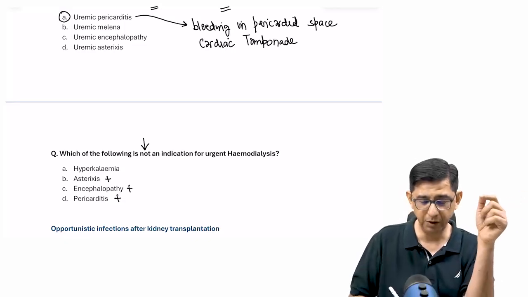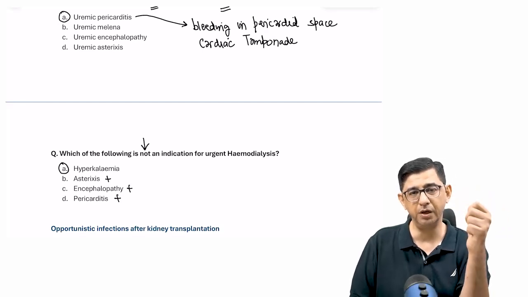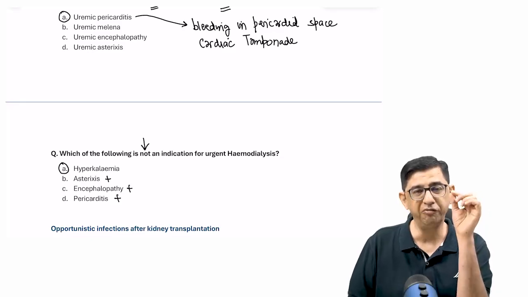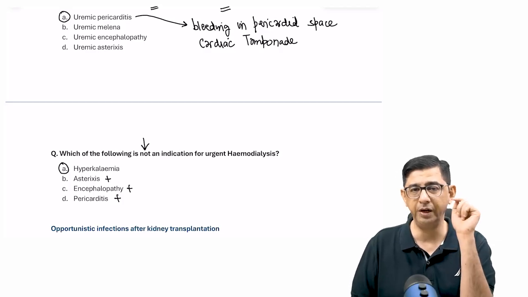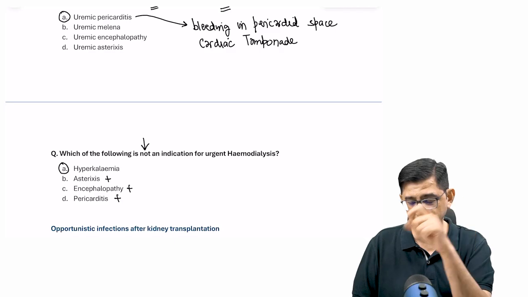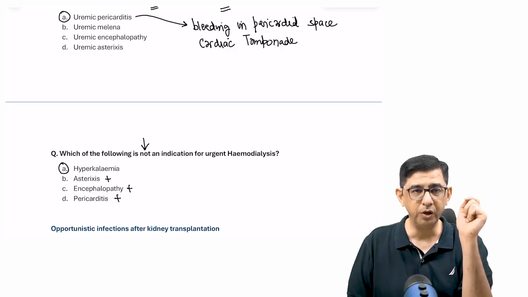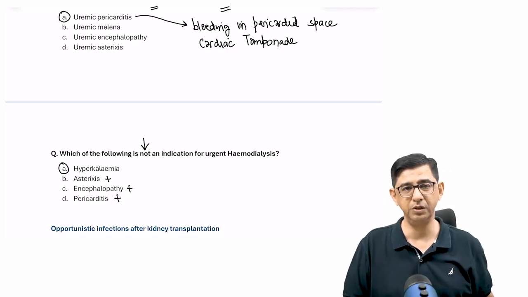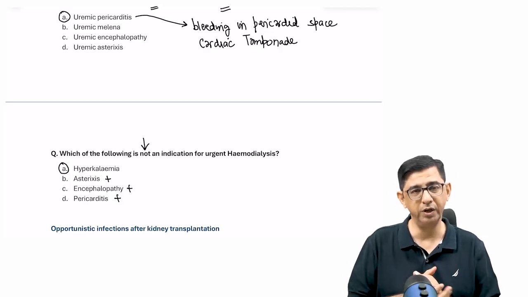But for hyperkalemia, guys, I can give calcium gluconate. I can use an insulin drip in a patient. If I say the word refractory hyperkalemia, medically refractory hyperkalemia, it will also become an indication for dialysis. I will make a list of indications for dialysis in a couple of minutes from now. But I want to say to you that in both of these questions, the answer is different from what I have normally seen students answering.